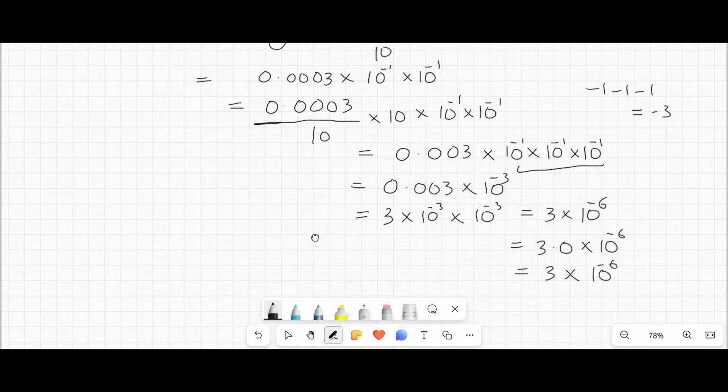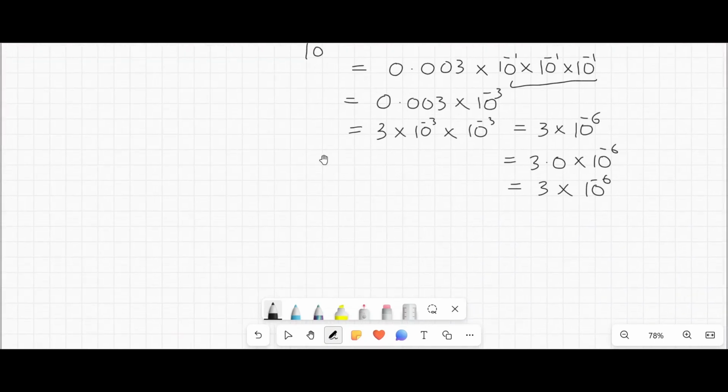You can see here the number was 0.000003. So with this logic, we can easily write any number in standard form by moving the decimal point towards the right side.